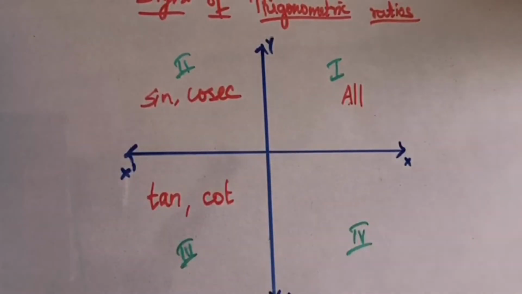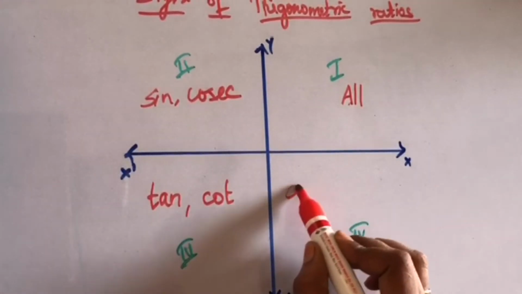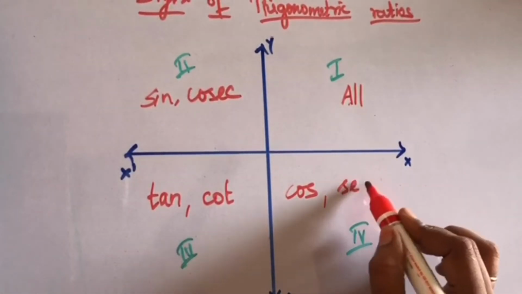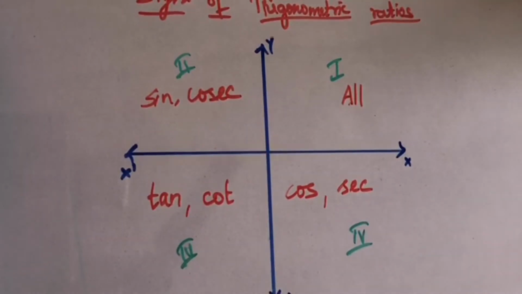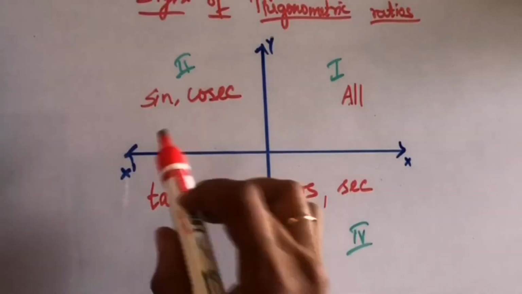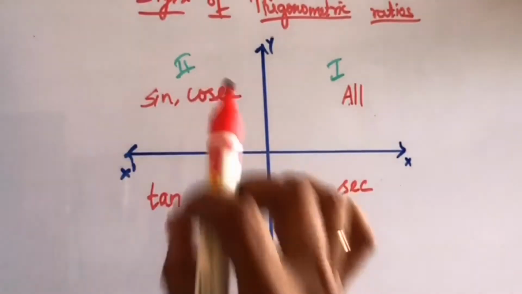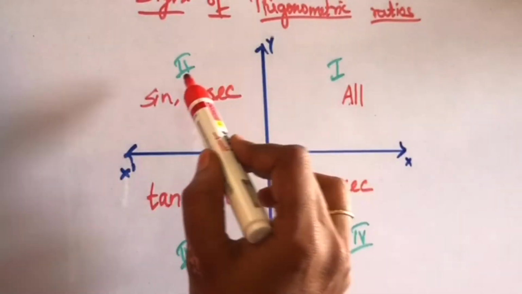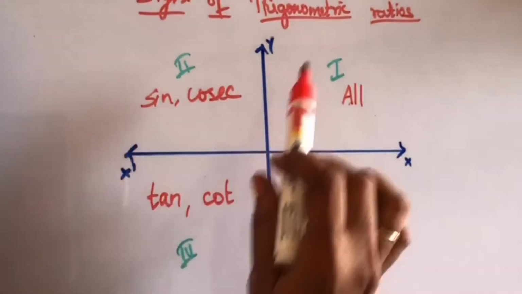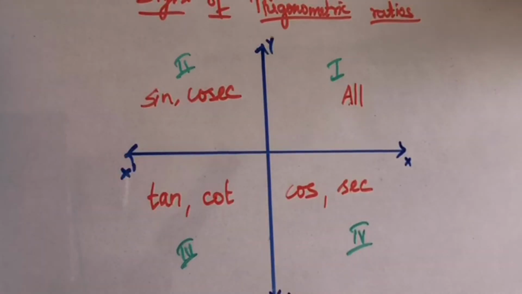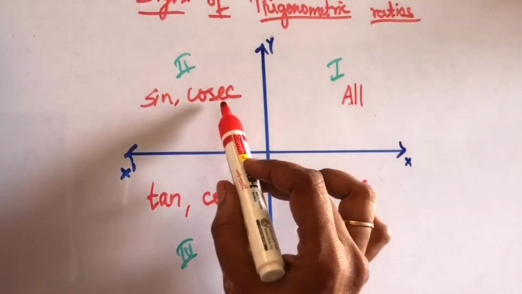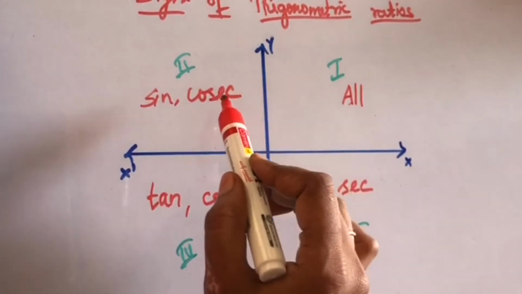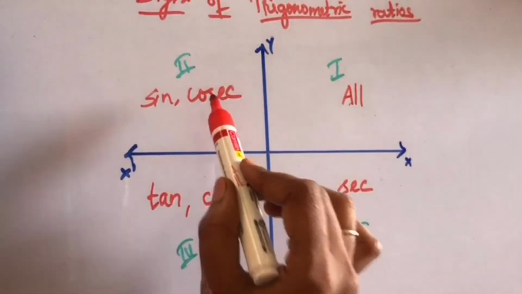And in the fourth quadrant, cos is positive and its inverse secant is also positive. We know there are 6 trigonometric ratios. So if sine and cosecant are positive in the second quadrant, the other 4 trigonometric ratios are negative in this quadrant.